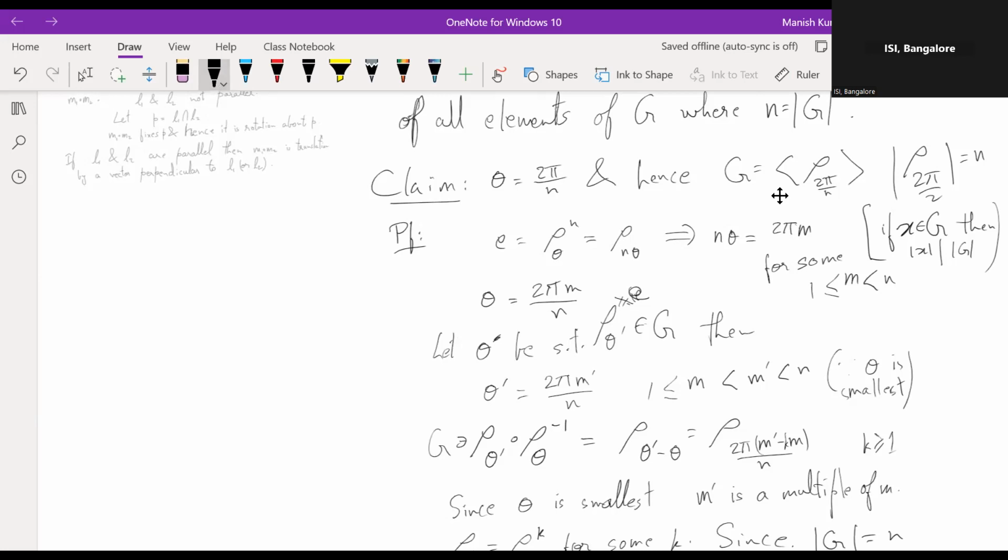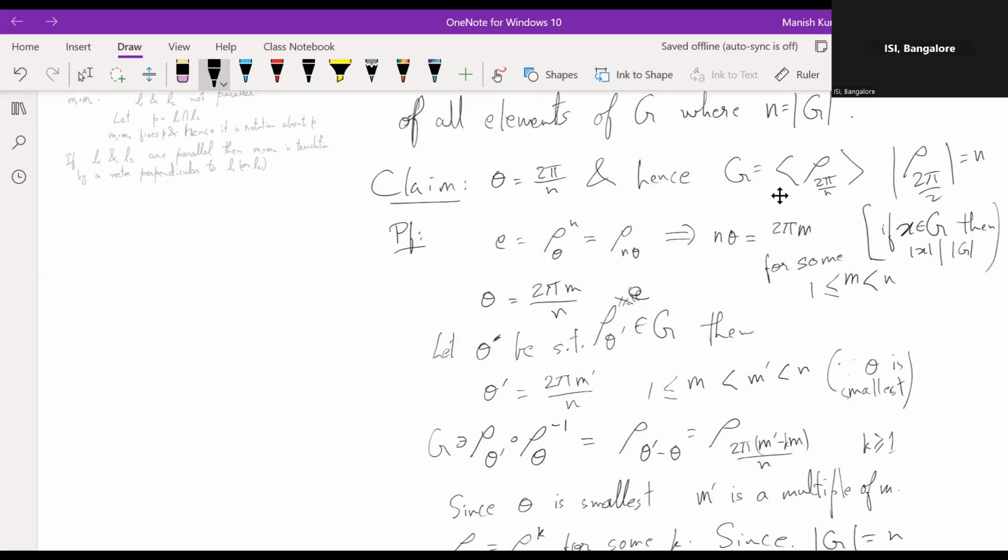Then this is just rho theta prime minus rho theta, because rho theta inverse means you are rotating in the other direction by minus theta, and then adding theta prime. So it will be some positive angle, and that positive angle is theta prime minus theta, right?